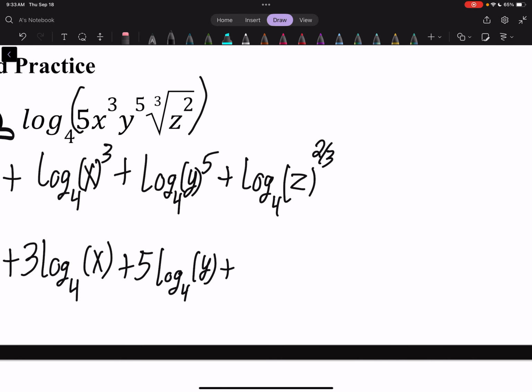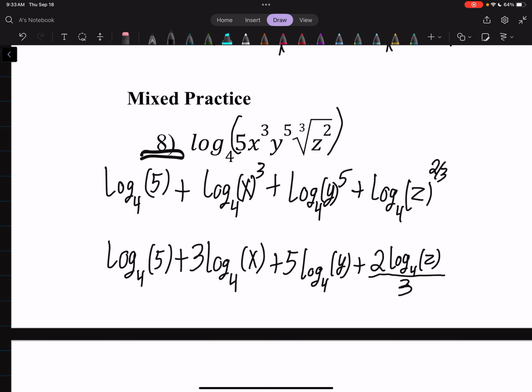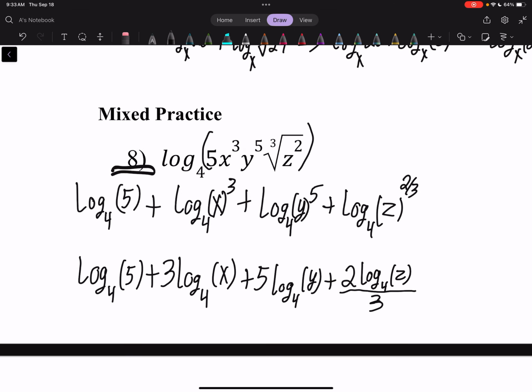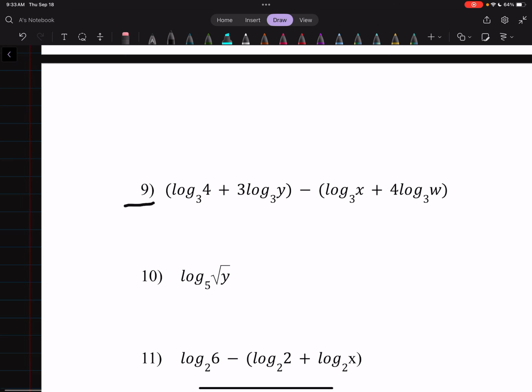Now you could put plus 2/3, but I'm going to do plus 2 log base 4 of z, all divided by 3. The reason why I'm writing it like that is to show you a different representation that you might see in the future. Okay, last one.